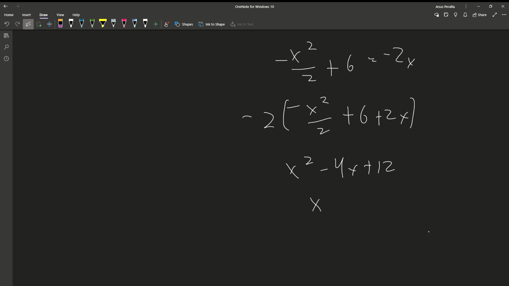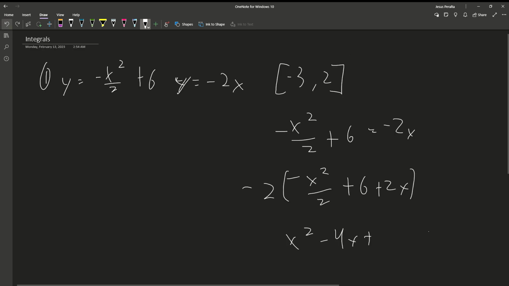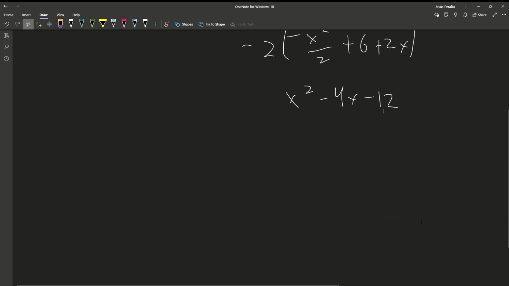And then we're going to be able to factor this. Oops, I did that wrong. This should be minus 12. So you have minus 12, so then you would have x minus 6 and x plus 2.